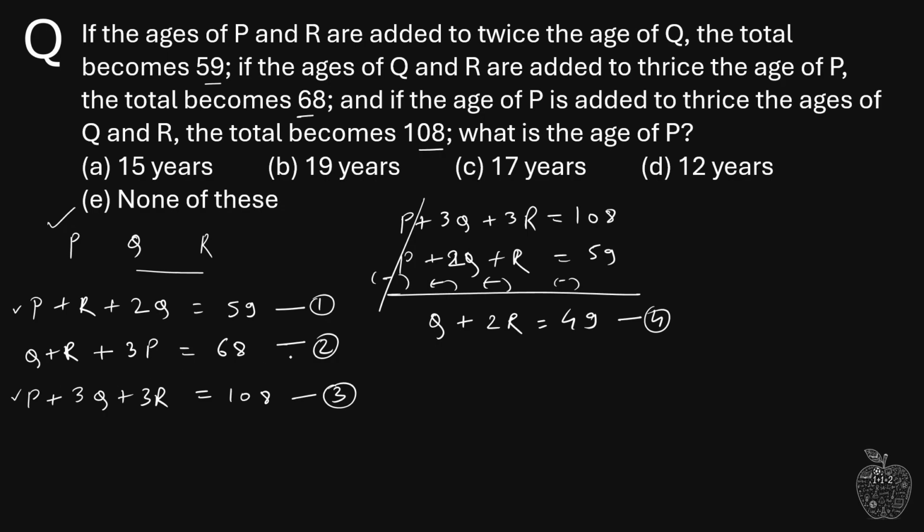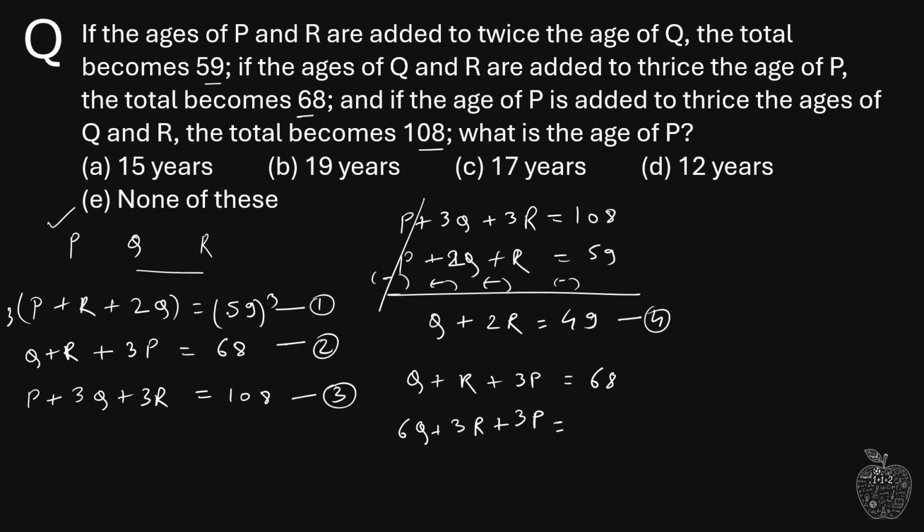Now again, what we can do here is multiply equation 1 by 3 on both the sides and then subtract it from equation 2. So here equation 2 is Q plus R plus 3P equals 68, and equation 1 after multiplying with 3 on both sides we get 3P, 3R, and 3 into 2, 6Q.